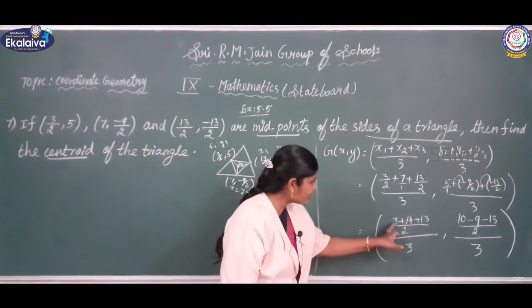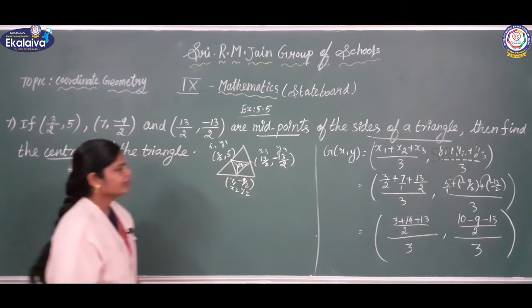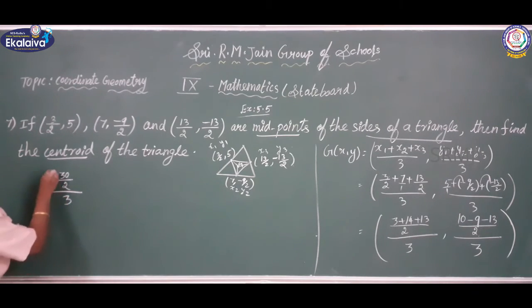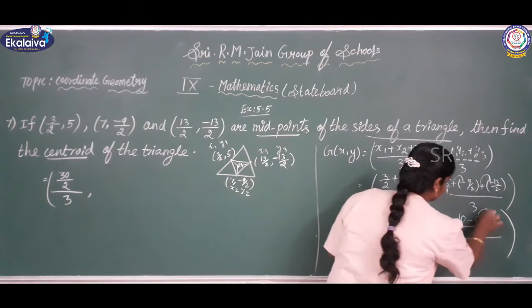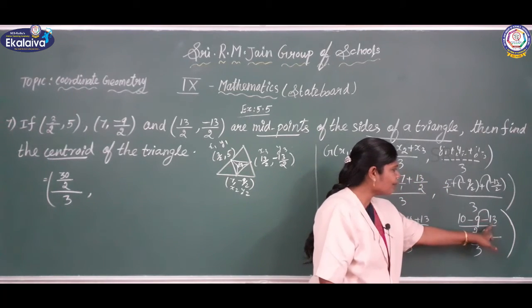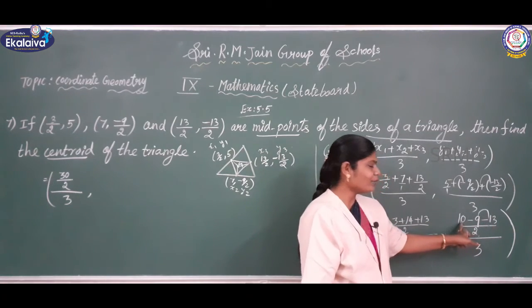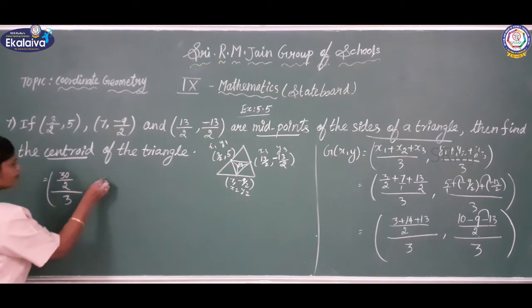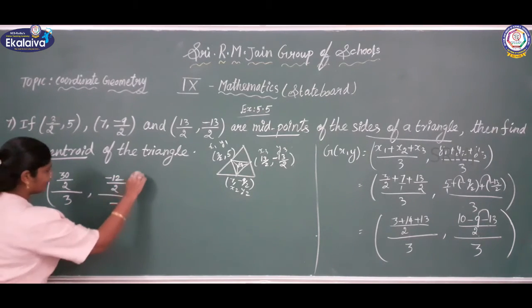Now we add this: 3 plus 14 is 17, 17 plus 13 is 30. Okay. So 30/2 divided by 3 comma. Here these two numbers have same sign, so minus 9 minus 13 you will get minus 22, then plus 10 you will get minus 12. Minus 12/2 divided by 3.